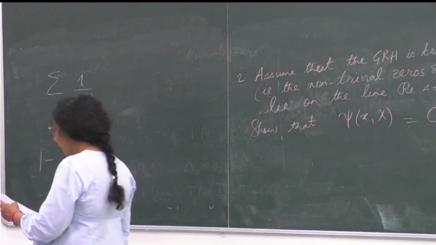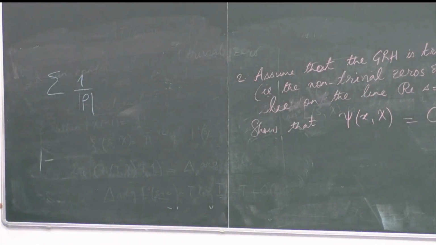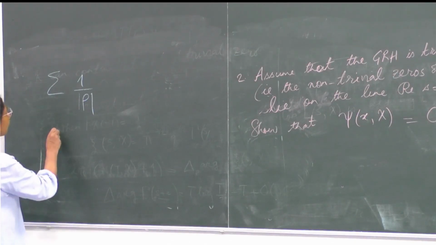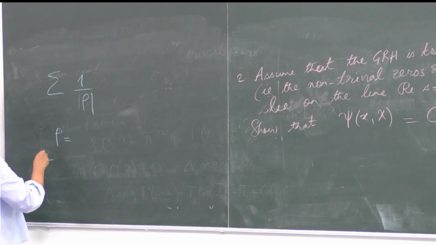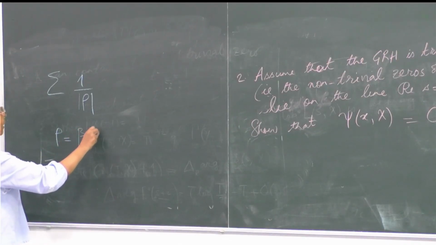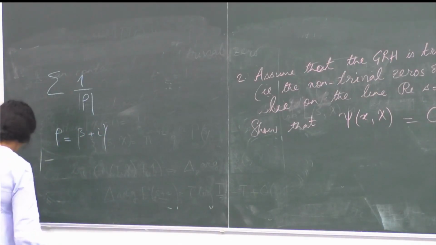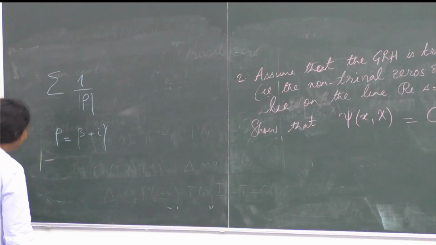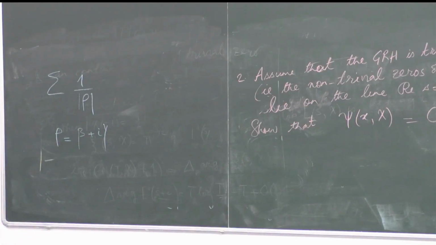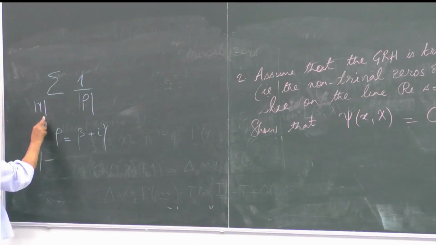So let's write rho equal to beta plus i gamma. Okay, and let's bound this gamma somewhere, because of course like that we cannot find anything. Suppose I take this gamma to be less than something.